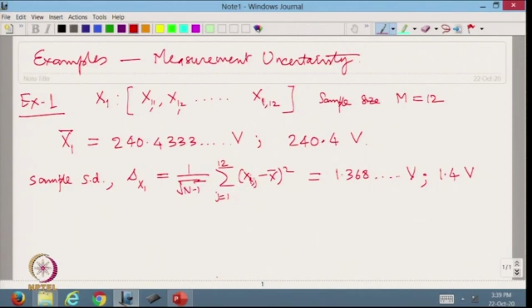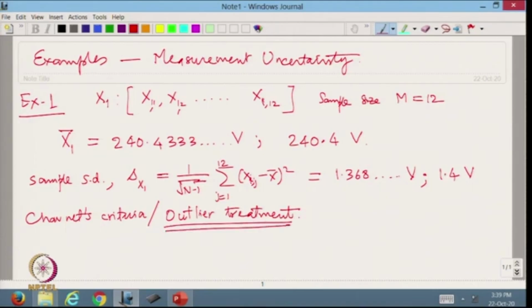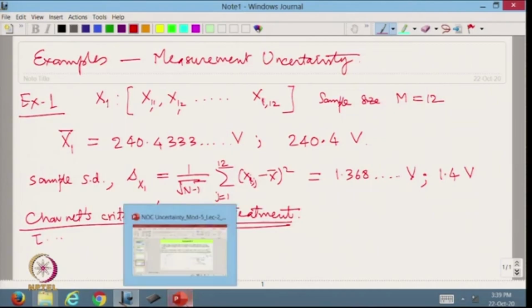Now, before we proceed further, when we are dealing with data, we need to do one check, which is Chauvenet's criterion, or in general what is called outlier treatment. This can be done either by using Chauvenet's criterion or by a tau based table.